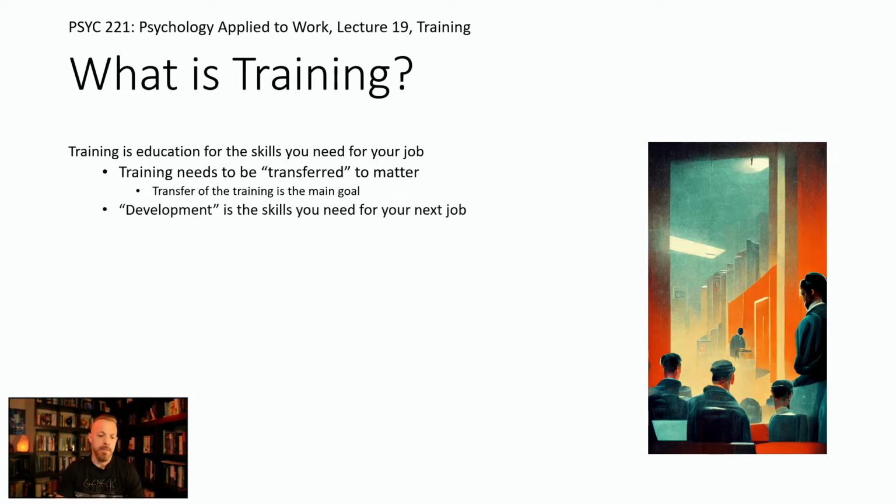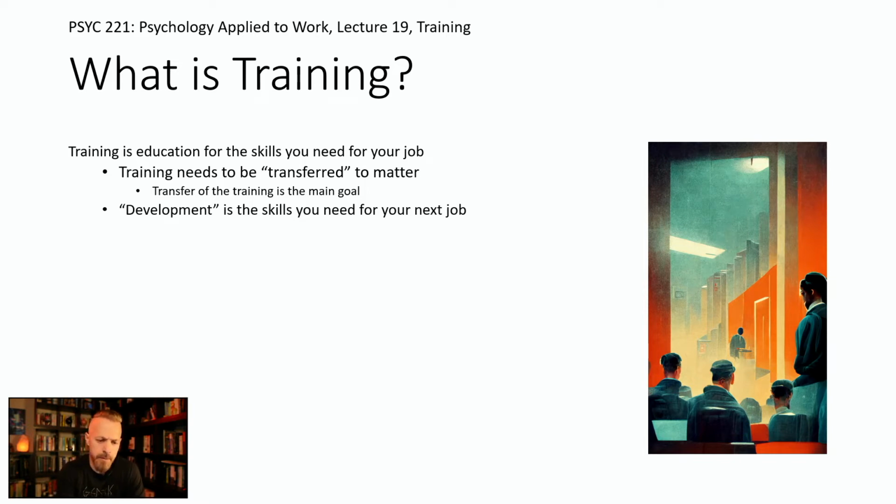Development usually goes hand in glove with training, but you can think of training as: this is what you need to do your job. And development is more: this is what you might need for your next job, or this is what you need in order to grow your current job.